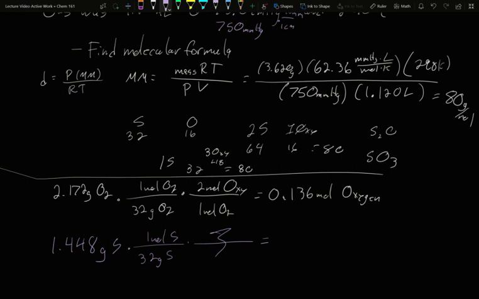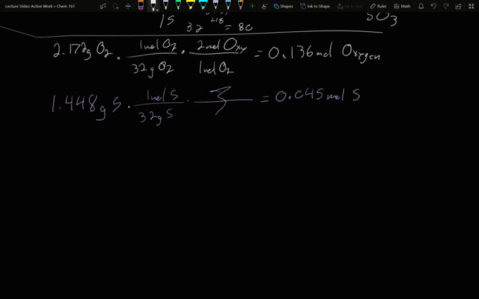In this case, what we'll find is that 1.448 divided by 32, 0.045 mole of sulfur. So I clearly have more oxygen than sulfur. The problem is to figure out how much more.